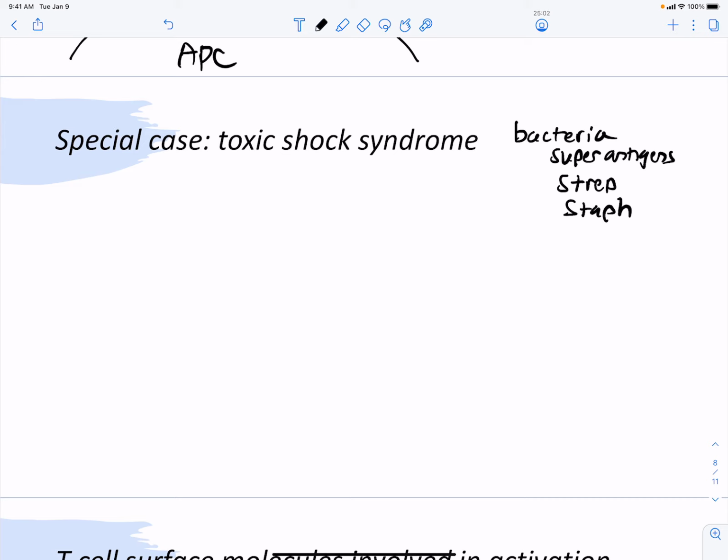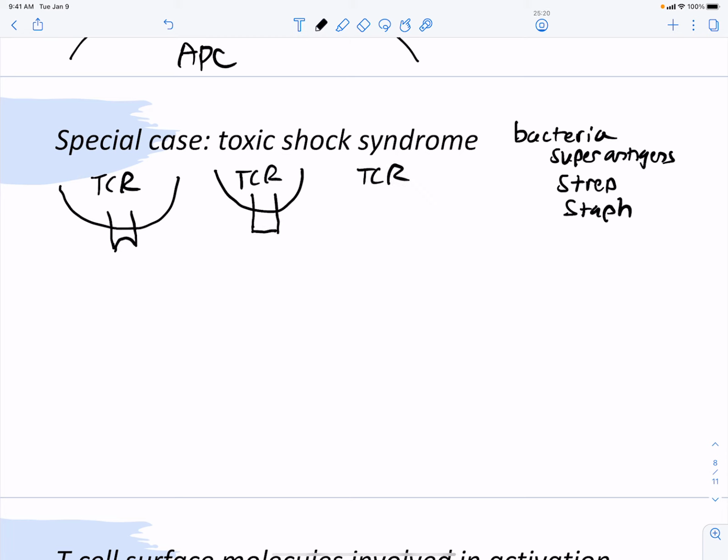So what these guys can do is, let's say, for example, here's our T cell receptor, and we have a T cell receptor that recognizes a peptide that looks like this. We have another T cell receptor, and this T cell receptor recognizes a flat peptide. We have another T cell receptor, and this T cell receptor recognizes a square peptide.